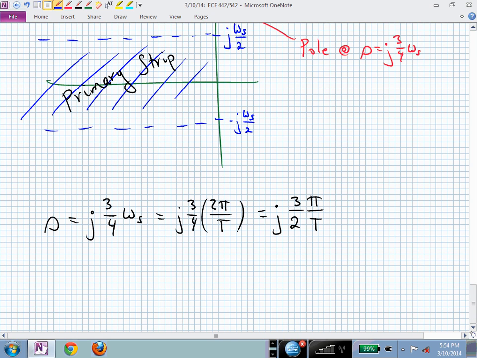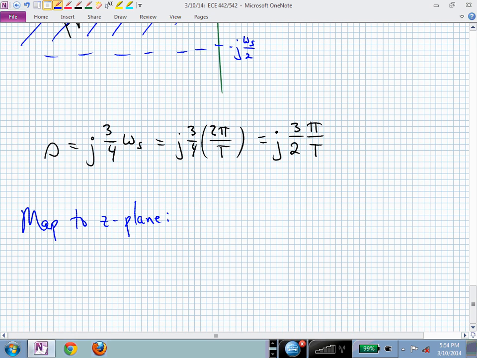Now, let's map that into the z-plane. Again, I'm just reviewing all over the place. We know what the mapping looks like, right? z is equal to e to the sT. But we want to look at this for that particular pole. So we know what the s value is.